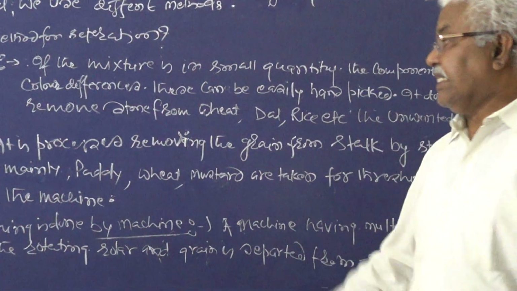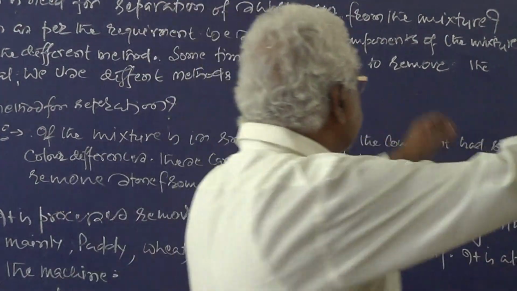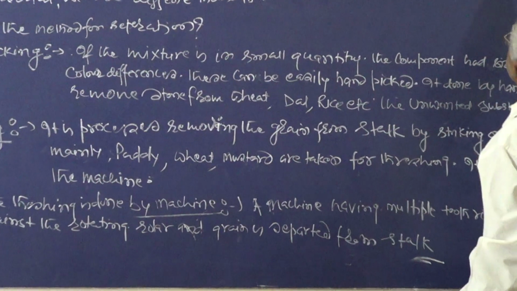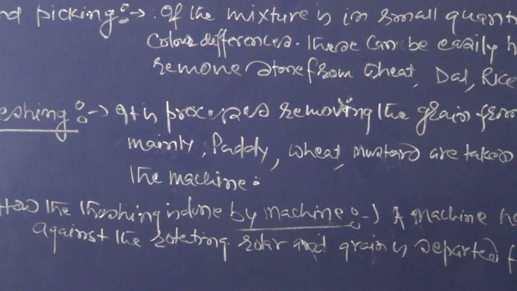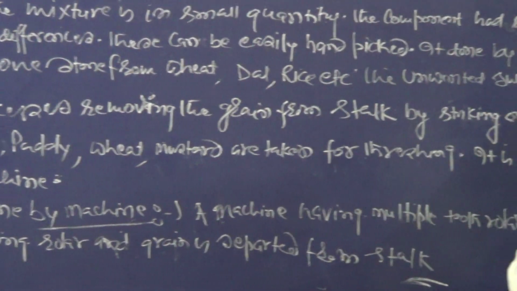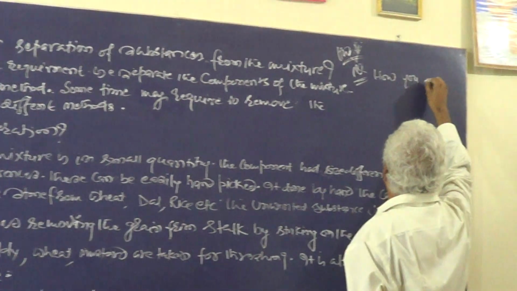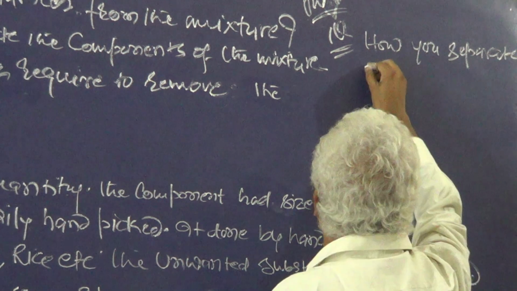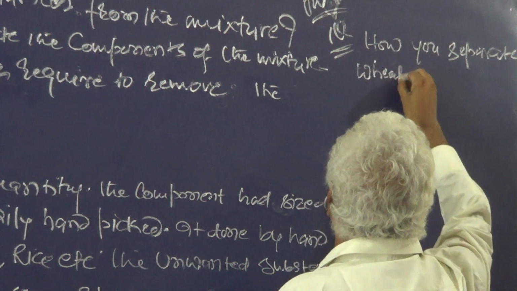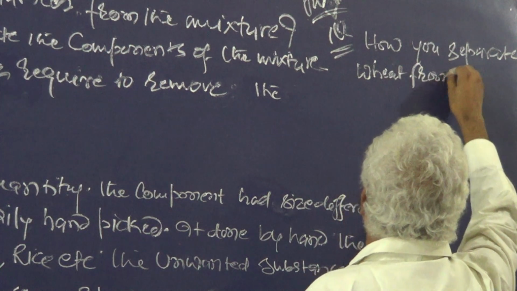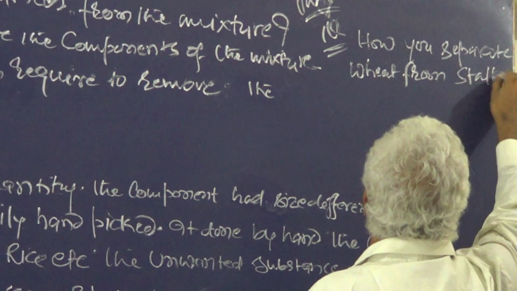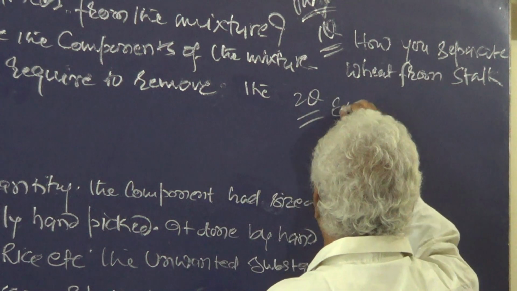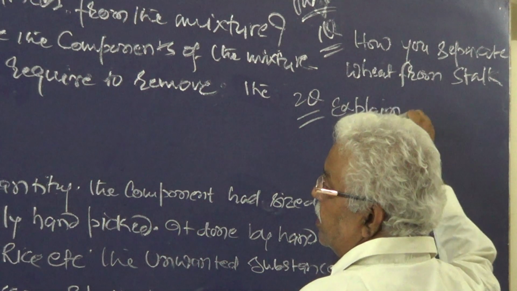So children, these are the methods. Now take question number 1, homework. How do you separate wheat from stalk? दूसरा क्वेश्चन, explain hand picking.